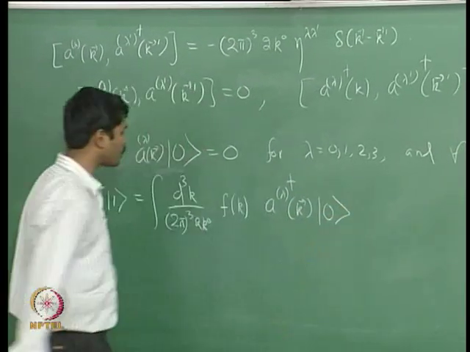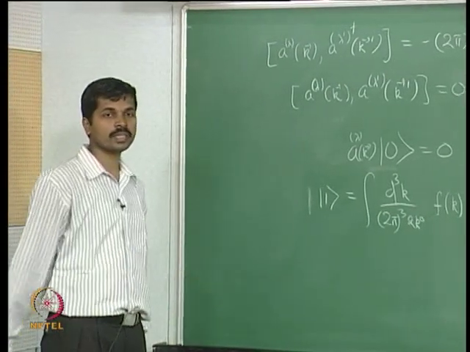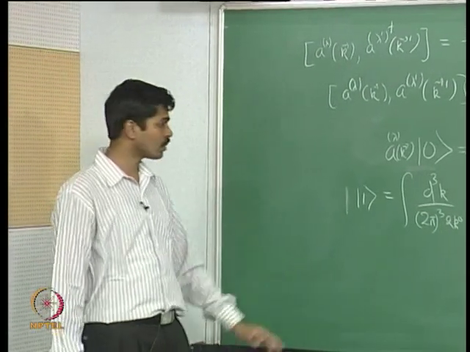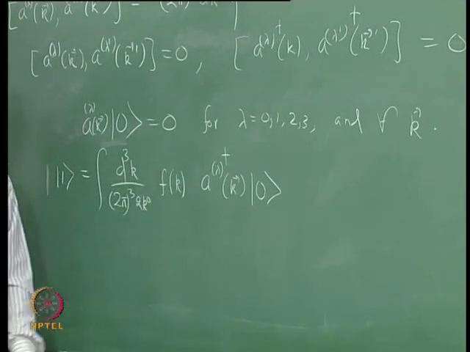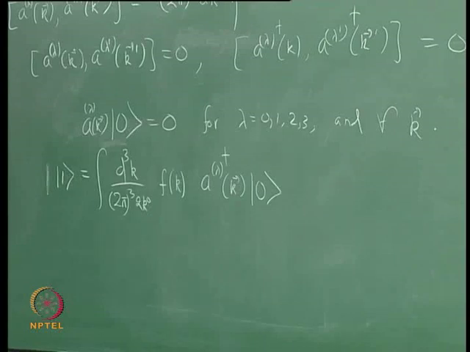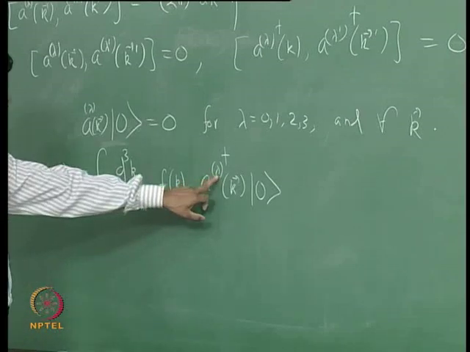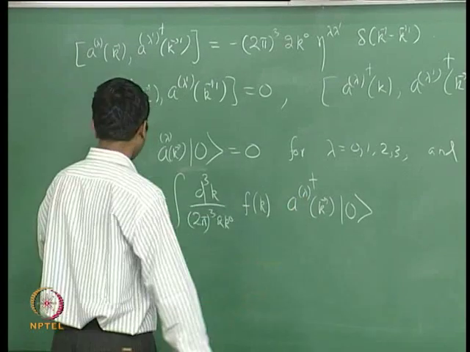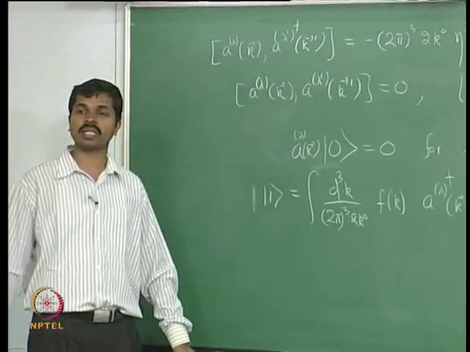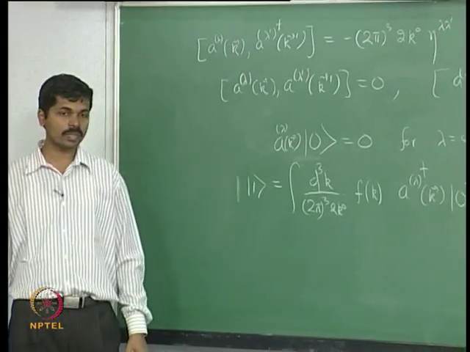So a typical one particle state which has a finite spread in the momentum space looks like this. You consider such a state for the scalar polarization, so you just consider the case when lambda equal to 0, and then look at the norm for this one particle state. So what do you get for the norm of this one particle state?